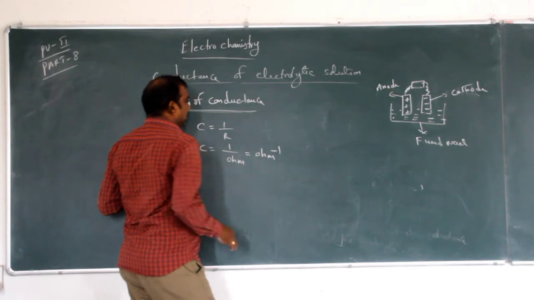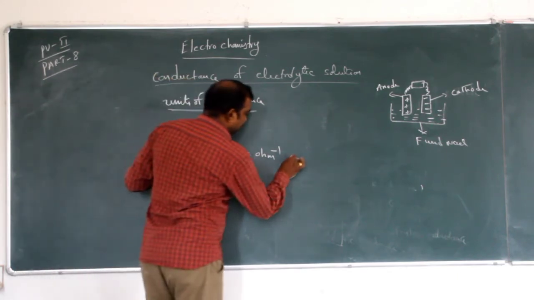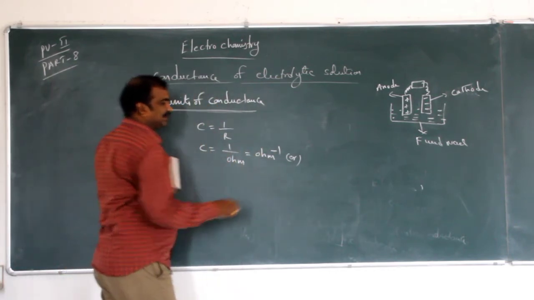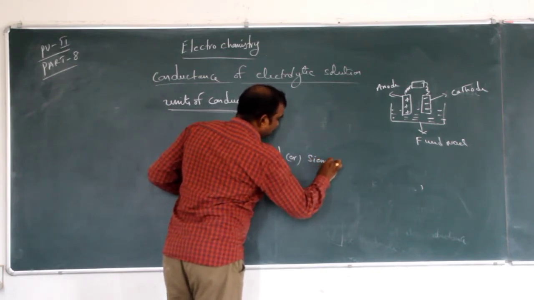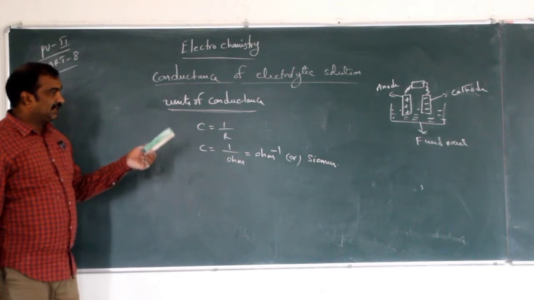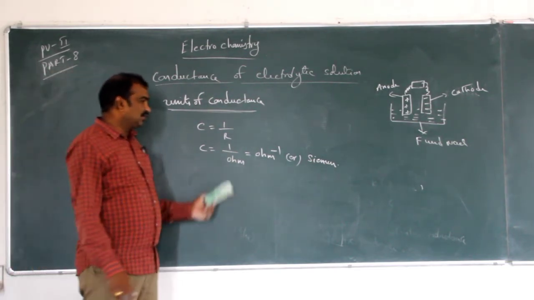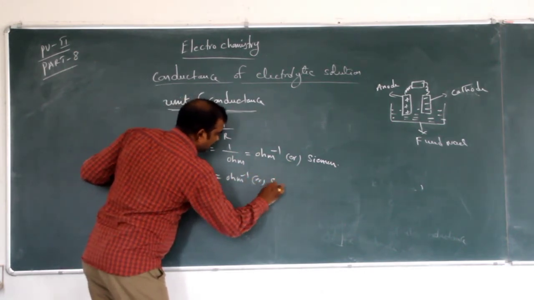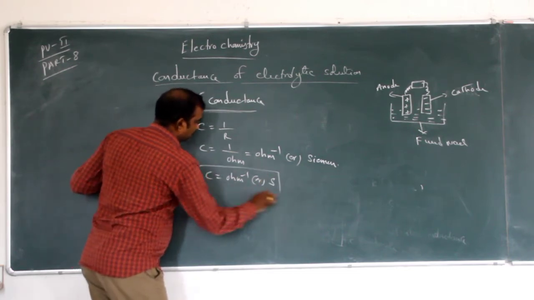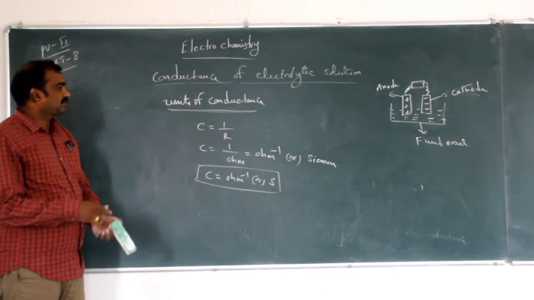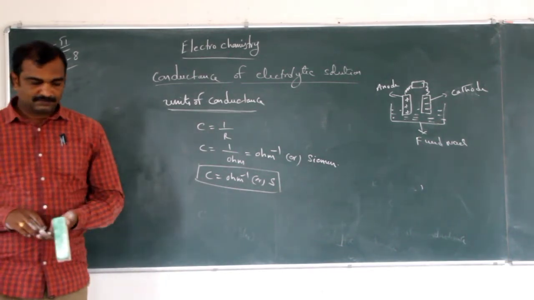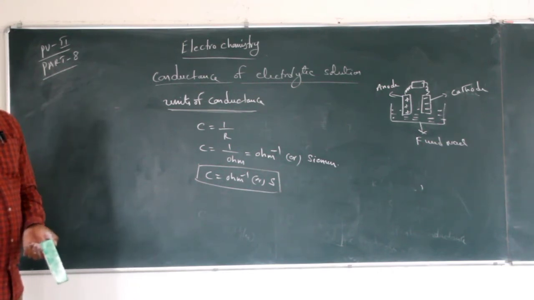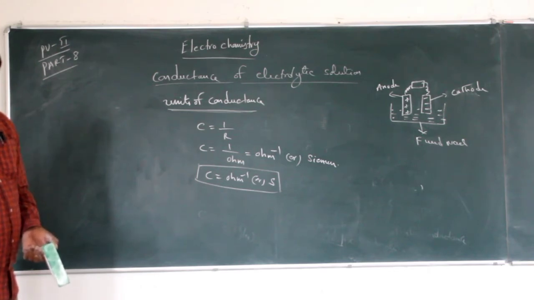This conductance was explained by the scientist Siemens, so his name is put as the unit, Siemens. So the unit of conductance is ohm inverse or Siemens.